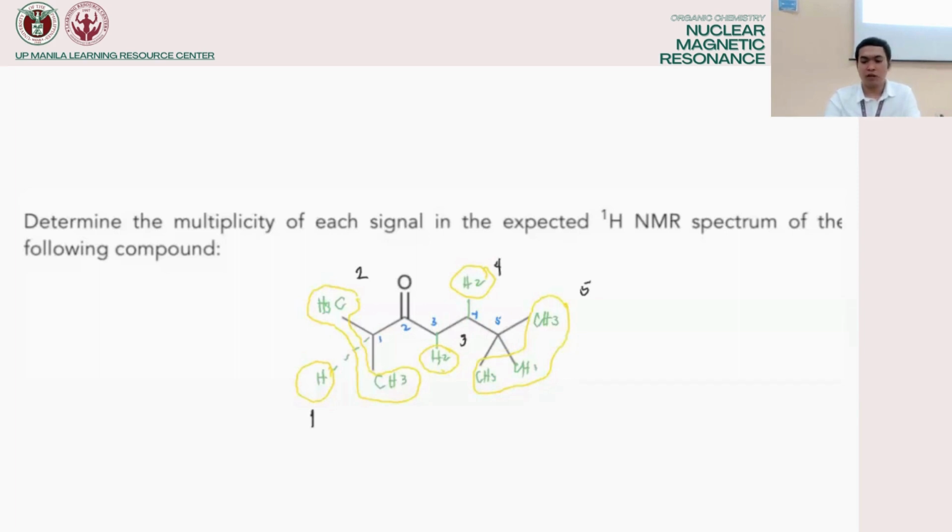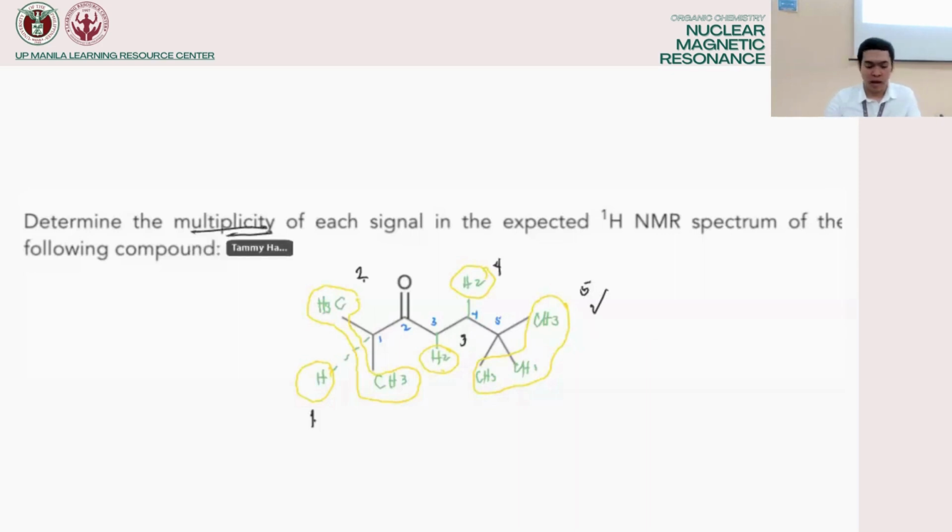Hinighlight ko na. 5, right? 1, 2, 3, 4, 5. Okay? Sige. Sino ang may pinaka-intense na signal? When we mean intense, siya yung may pinaka-maraming hydrogen. Signal number? Correct. Signal number 5. Ito ang pinaka-intense.